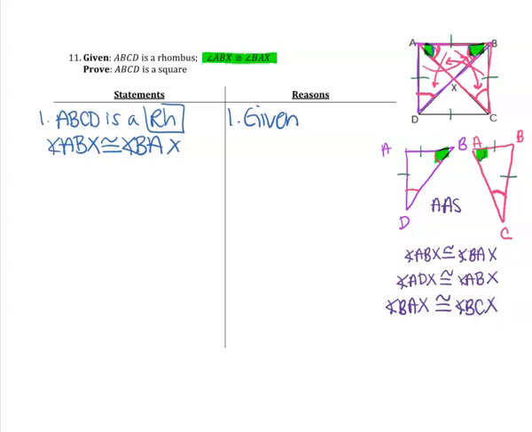Okay, so let's look at what I've written so far. This is my true statement, right, that they gave me. The other two things that I wrote down were based on two sides of a triangle being congruent. Well, here's ABX, here's ABX, here's BAX, here's BAX. Look at what's left over after doing a substitution then.